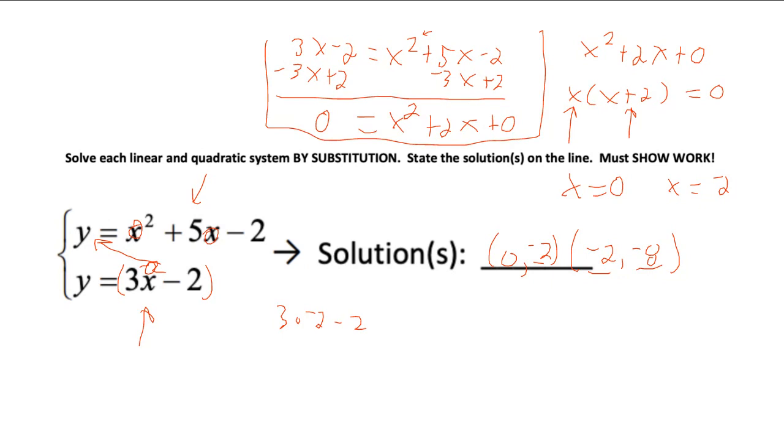Okay? And is checking your work a bad thing? I don't think so. I think checking your work is an awesome thing, but you do have to show your work for these problems. And if it says solve it by using substitution, you need to use substitution.